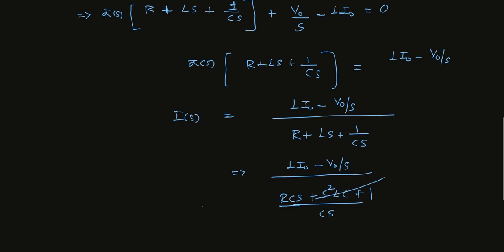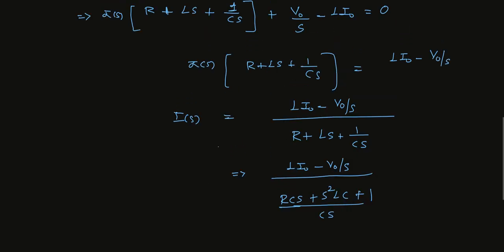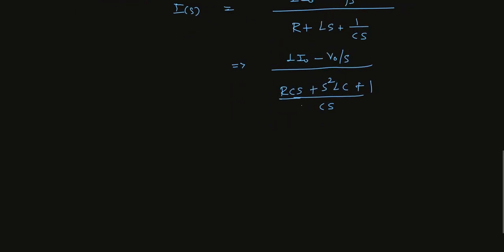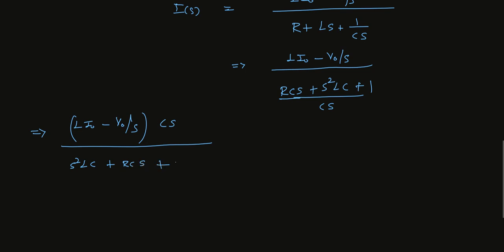Okay, so next step, L into I naught minus V naught by S. So this Cs comes up, that is Cs is multiplied, so we are left with S square LC plus RCs plus 1.